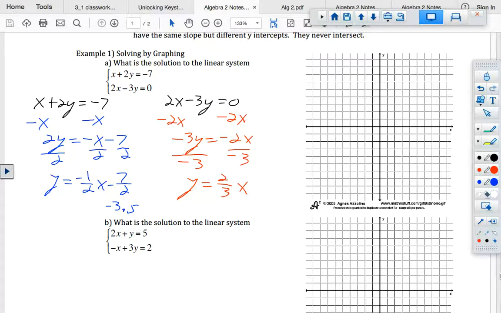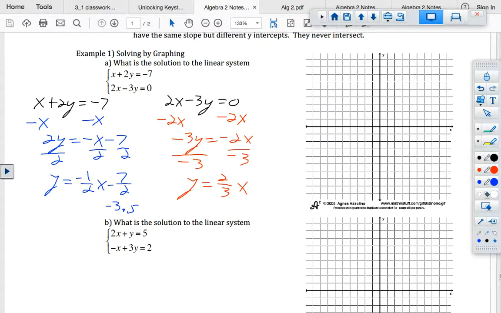So you don't want your lines to be curved or messed up. All right. Let's see how we did.